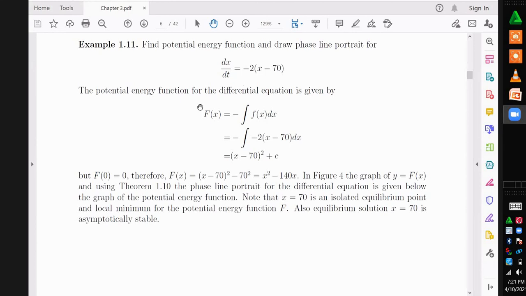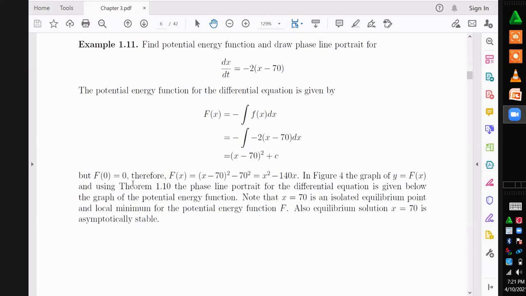To find the potential energy function, you can see F of x is minus the integral of f of x dx. So this is minus the integral of minus 2 (x minus 70) dx. Now just integrating this, you can see this is (x minus 70) square plus some arbitrary constant C. To find C, you can use the initial condition: potential at x equal to 0 is just 0.